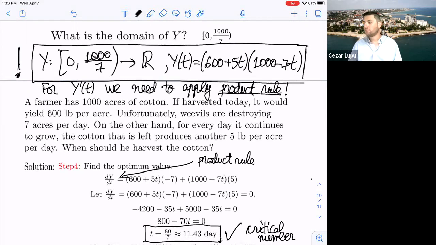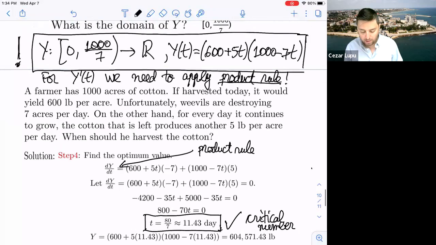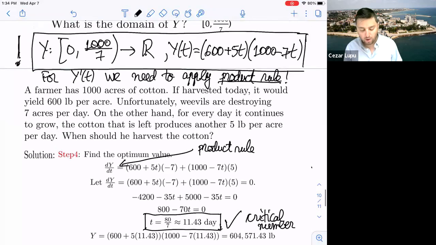All right, great. So now we would like to prove that this is a max. But now we can plug it in for y, and it will give us the value.